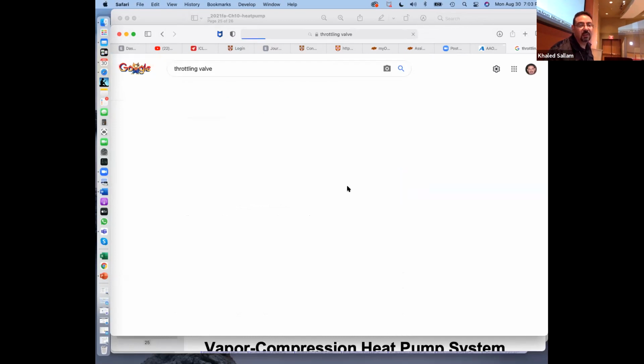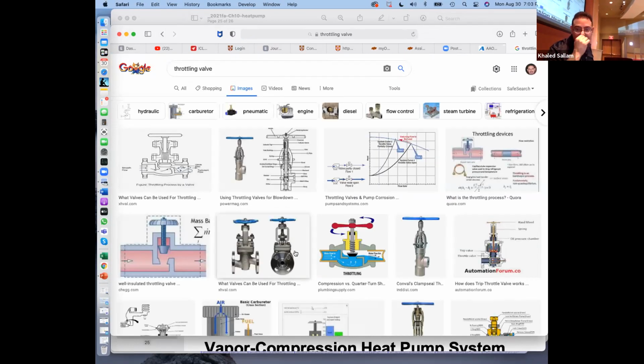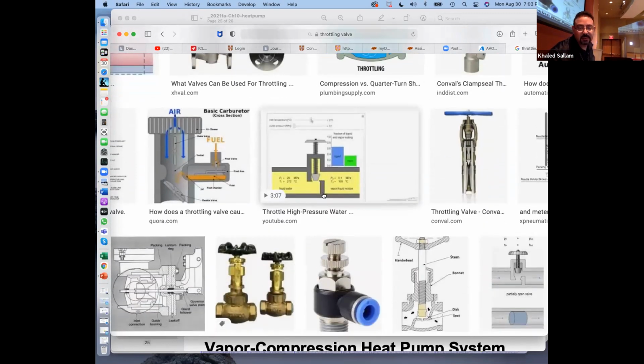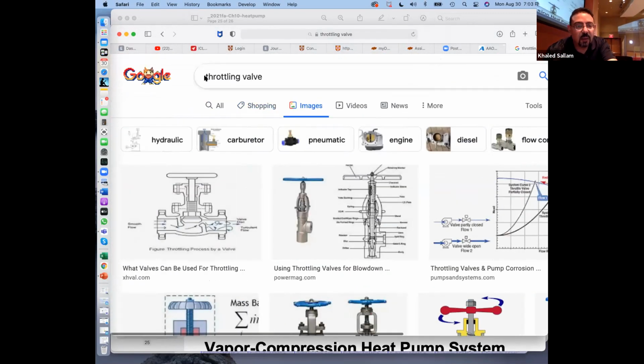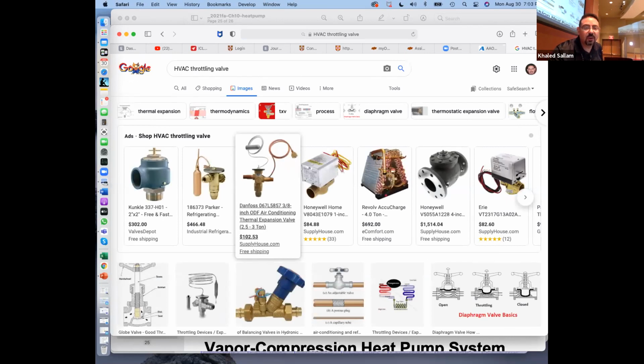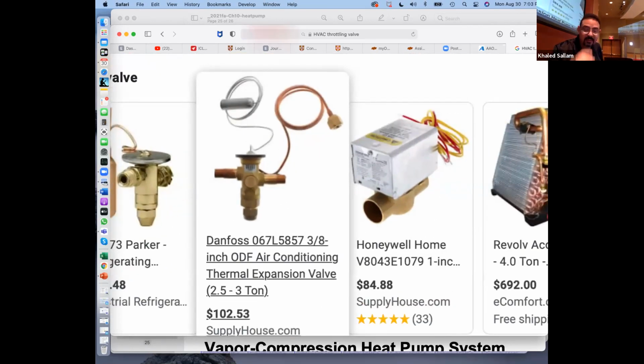And that's enough to drop the pressure and drop the temperature with it. But with the throttling valve, what's really important is the control over it, right? So that you can control how far you throttle. It will be something like this, and the actuator will be pneumatic or electric, where you can basically open the valve and close it.